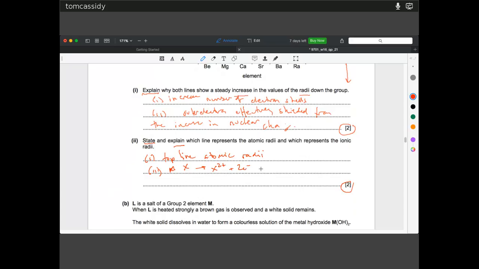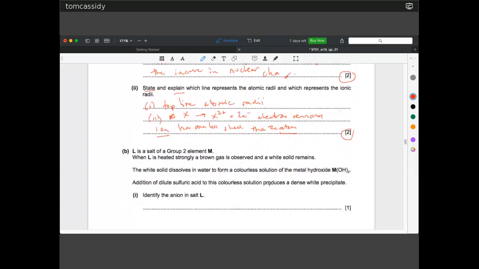And so electrons have been removed, and so the ion has one less shell than the atom. And that's the reason that the atomic radius is larger than the ionic radius, because in the ion, electrons have been removed, and so the ion has one less shell than the atom, and so it's smaller. Good.